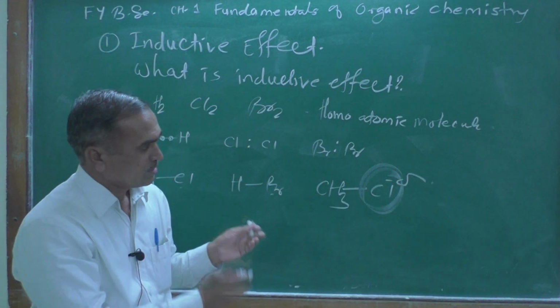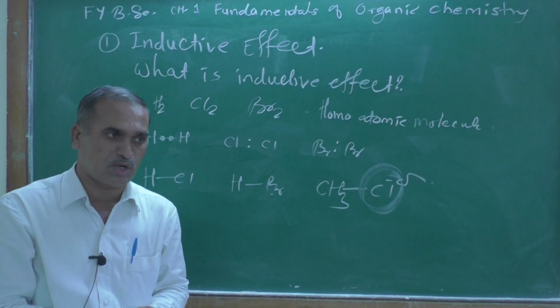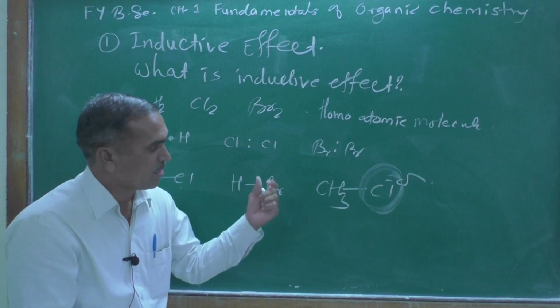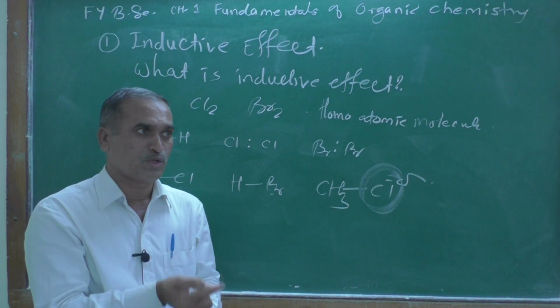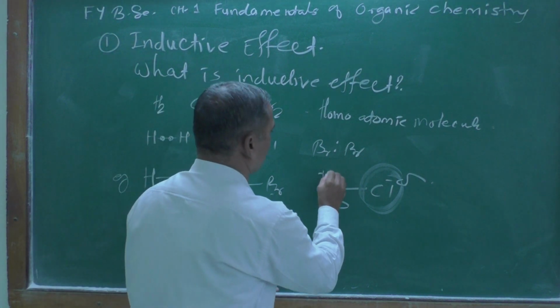And when the chlorine atom has a partial negative charge, the carbon atom shows a partial positive charge, plus delta.